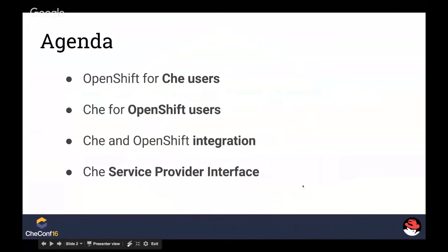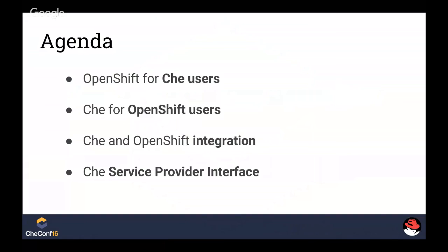So we are going to start from the perspective of a Che user, and see why it's interesting for a Che user to work with OpenShift. Then we'll see the other way around: for an OpenShift user, why is it interesting to use Che as an IDE?